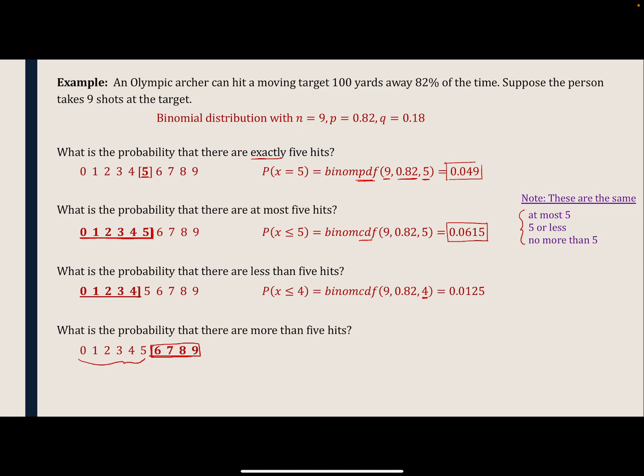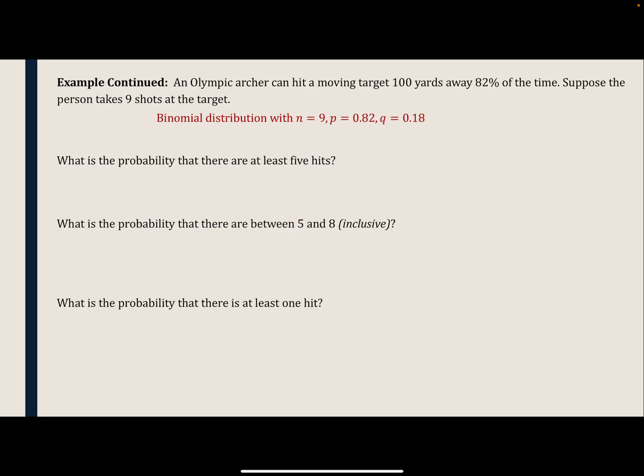So to find the probability that there are more than 5, we're going to take 1 minus this binomial CDF using 5, because we're going to take 1 minus this range to get this range. If you need me to explain that one again, let me know, because this is probably where I see the most mistakes, is people forget to use that complement rule.